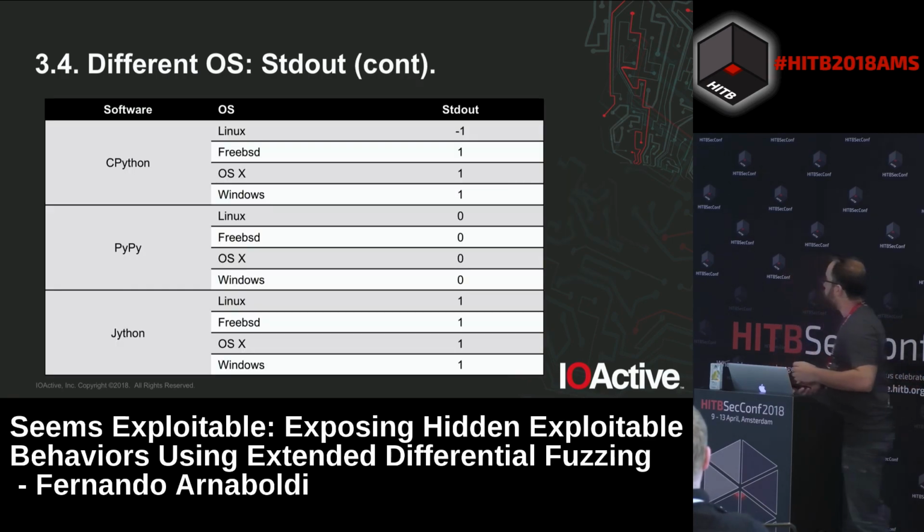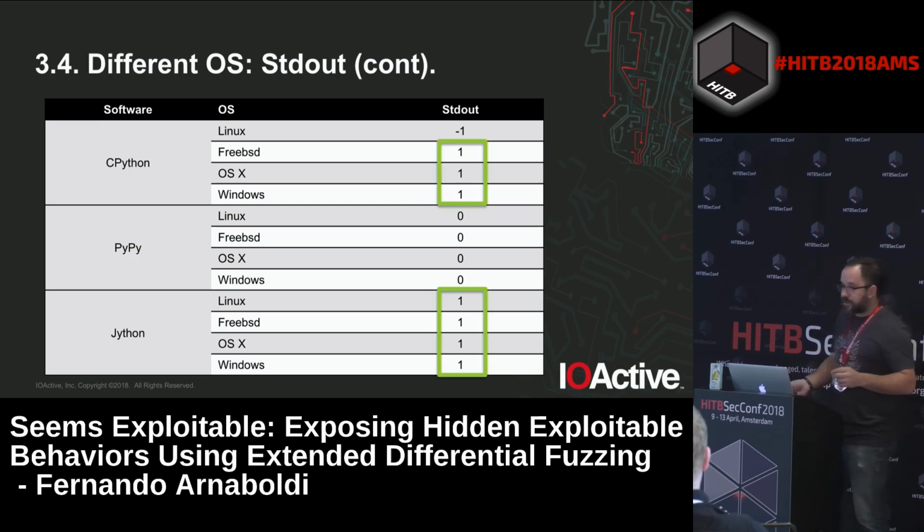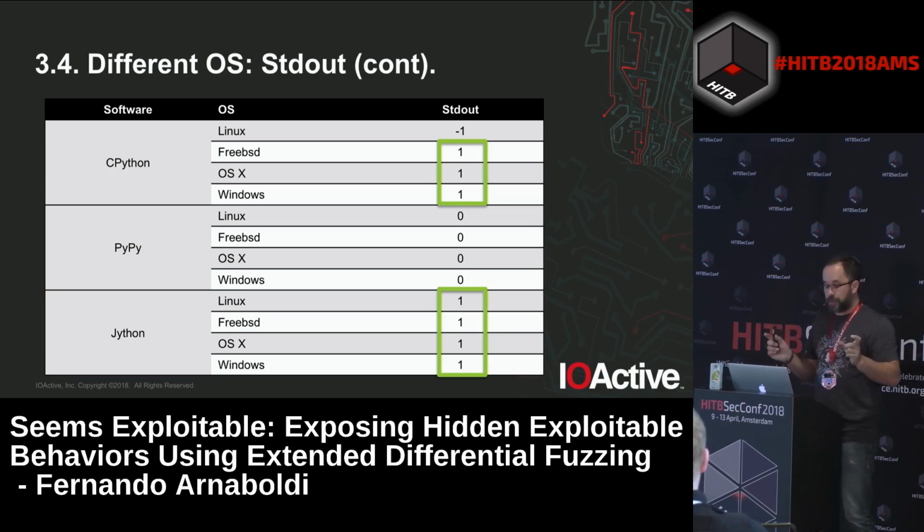And this is what happens. So we have three pieces of software: regular Python, PyPy, and Jython. I don't know if you pronounce it like that. And I tested in all these operating systems, and this was the output in all of them. This would be the correct output when comparing two floating point not-a-number values, because they shouldn't be equal. It should be the number one.